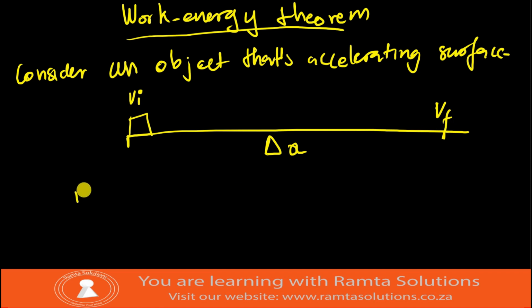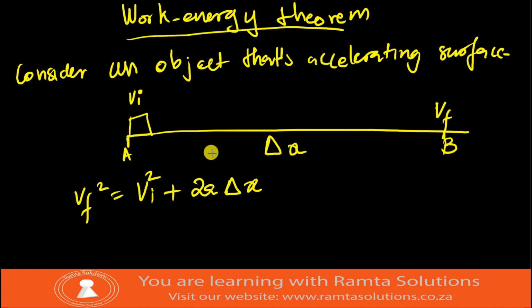Let's call this one point A and this one point B. If you want to find velocity at point B, you can use this formula: Vf squared equals Vi squared plus 2a delta x, where a is the acceleration of the vehicle.